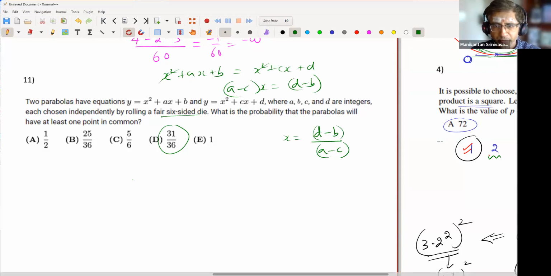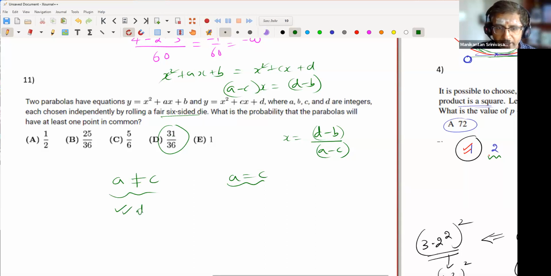Okay, what is the probability that the parabolas will have at least one point in common? So if a is not equal to c, then surely there's an intersection point, right? The denominator is not 0. Whatever d and b be, I don't care. It may be 0, it may not be 0, I don't care.